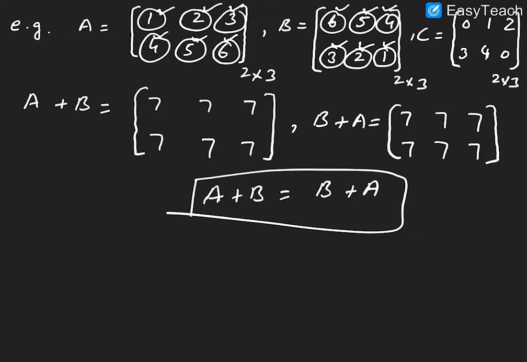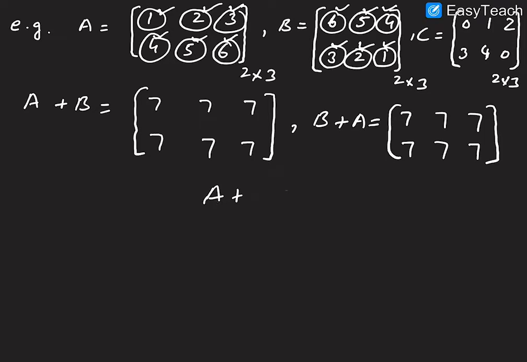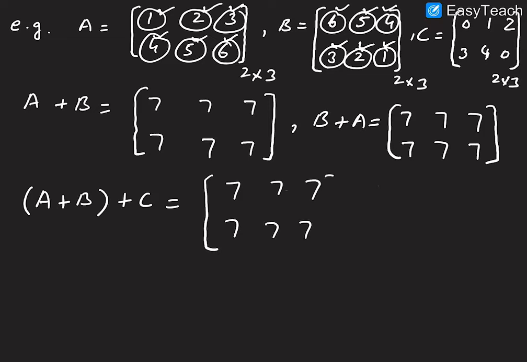Now let's see associative law of addition. In associative, you need A plus B plus C. First add A and B, plus C. So what is the answer of A plus B? A plus B is 7, 7, 7, 7, 7, 7.